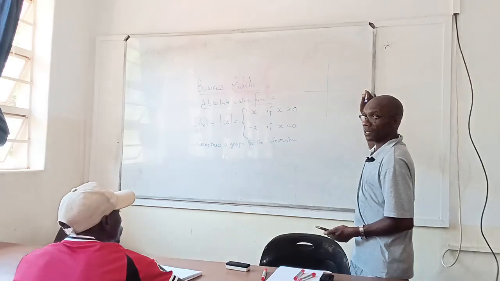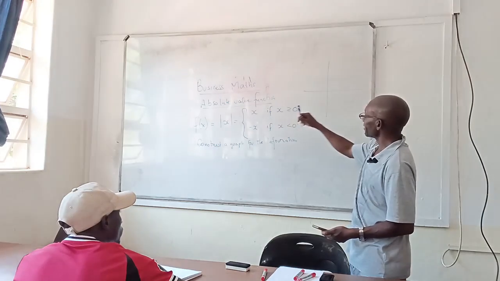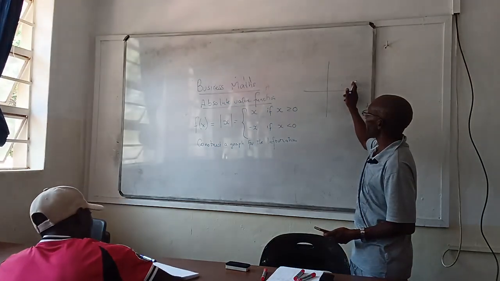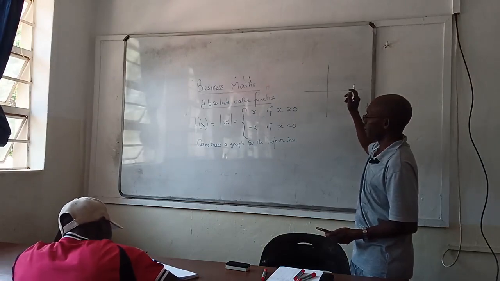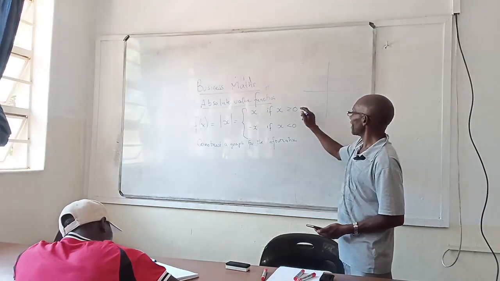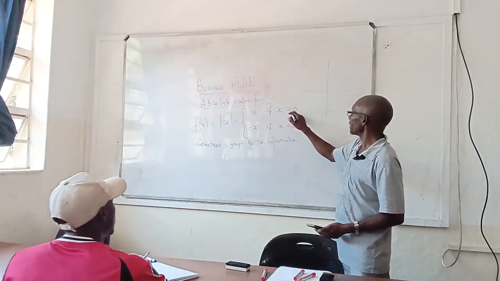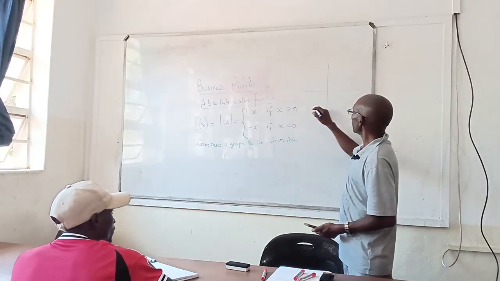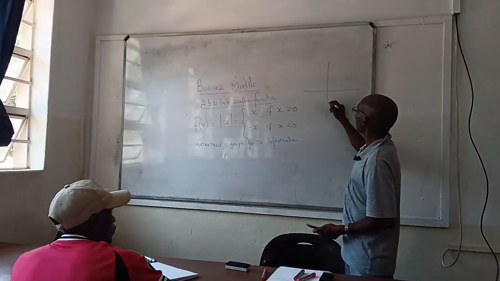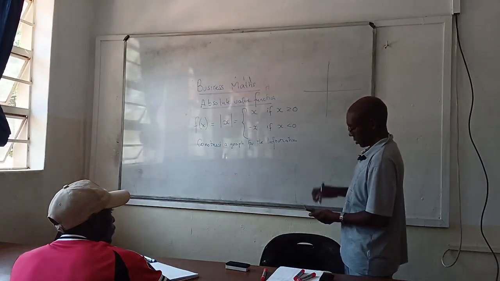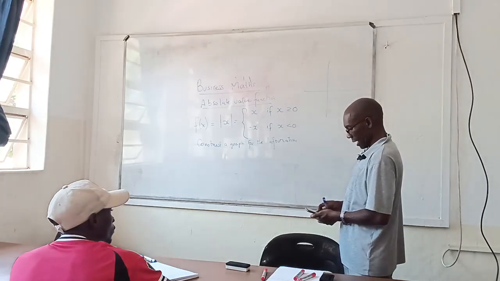In other words, x has to go to positive and negative. The conditions are these: if x is greater than or equal to 0, something that is greater than or equal to 0 goes up.